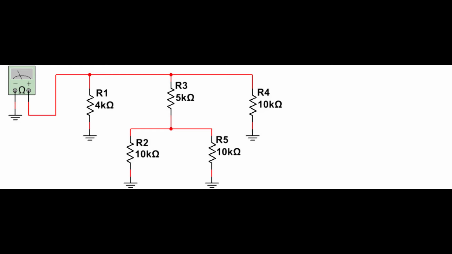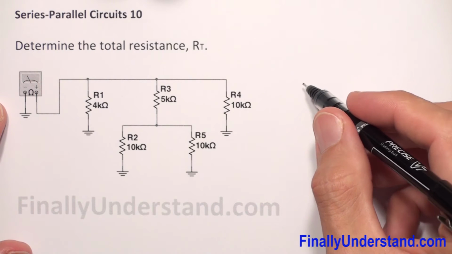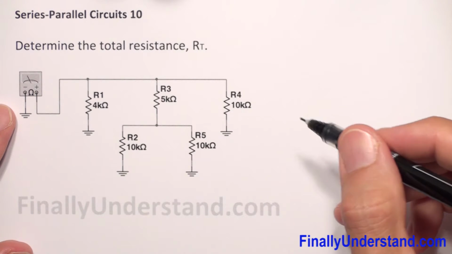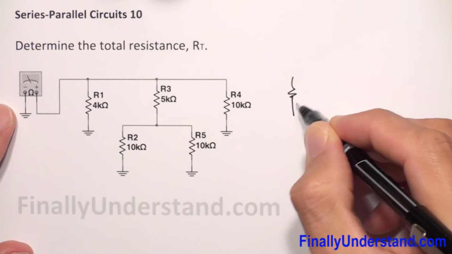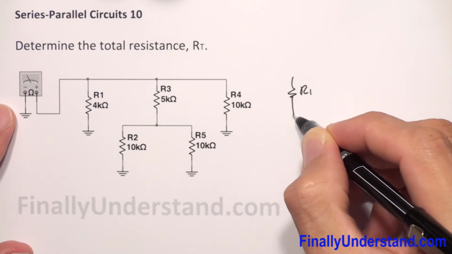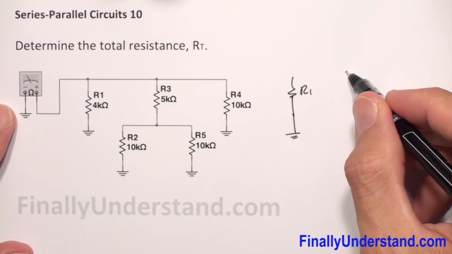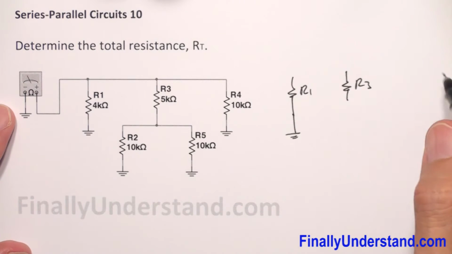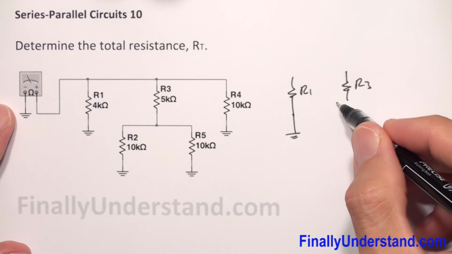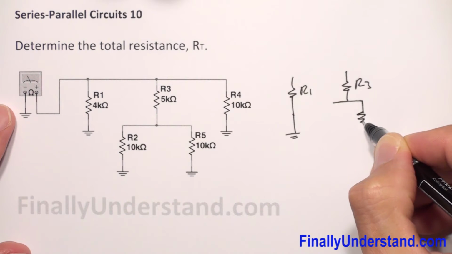Those of you who have difficulties looking at this problem, I mean you got confused, you're supposed to redraw it first. So how would I redraw this circuit? I simply draw R1, which goes to the ground, and I have my R3, and I have two resistors in parallel.